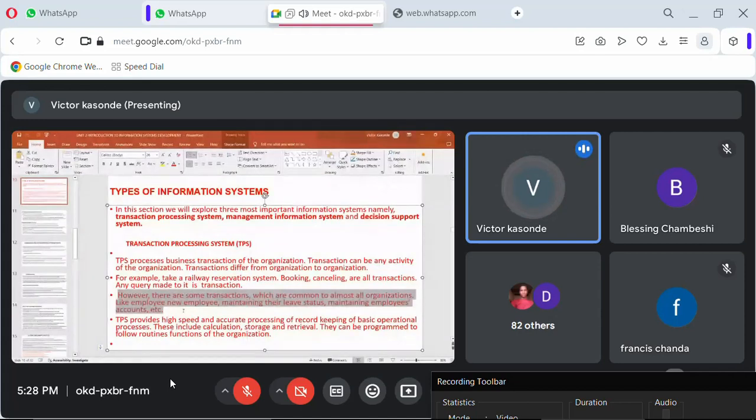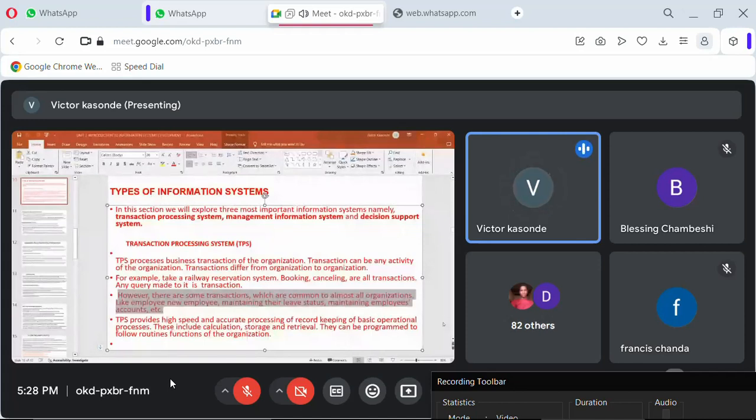You find that they are just the same, because where you see payment, there is a total. So payroll is a bit similar across all organizations. HR is so similar across all organizations.